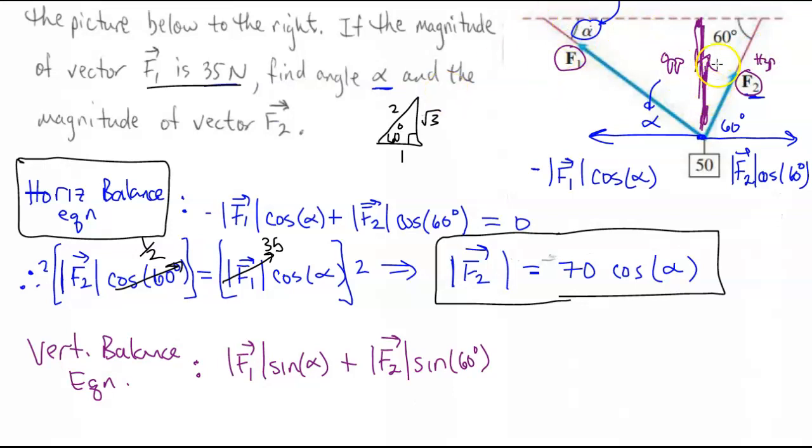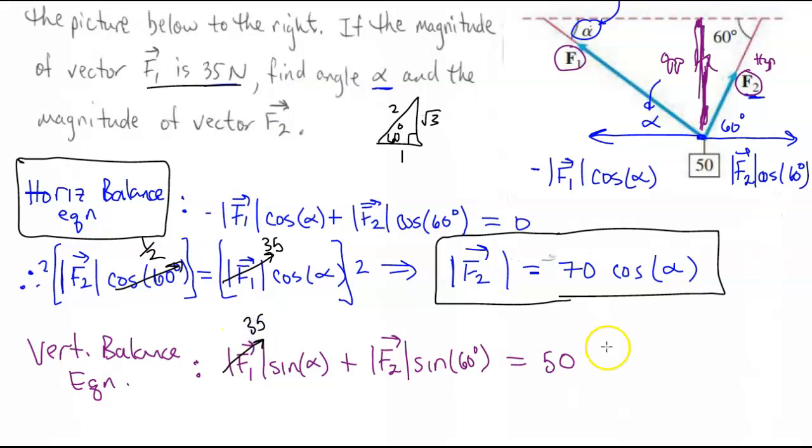And so we know that the forces going up have to balance with the forces going down. So here I'm just going to say it equals 50. Okay. Now we know that the magnitude of force F1, we know that that's 35.